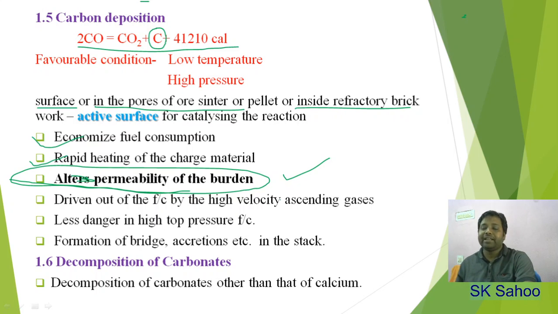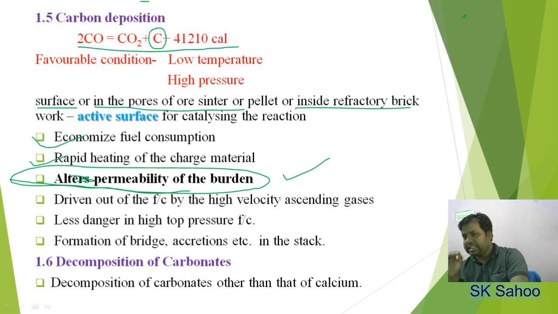As the particles of the carbon are very tiny, during the course of the iron making process inside a blast furnace, we are using high velocity gases. That means from the tuyeres, high velocity air or blast is input into the furnace so that it can overcome the pressure drop.